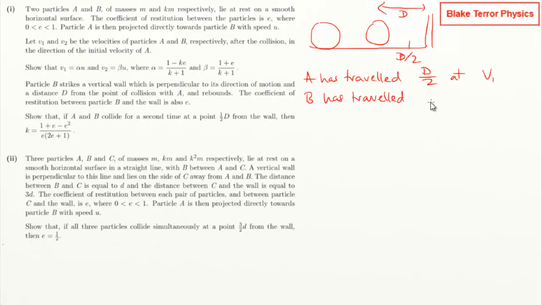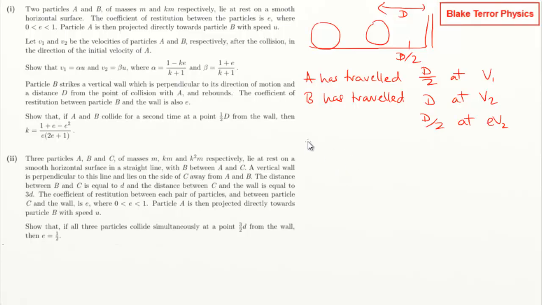It's going to travel d at v2, and then it's going to travel back again d over 2 at a new velocity. It's got coefficient of restitution e again, so it'll be e times v2 after it's bounced off the wall.